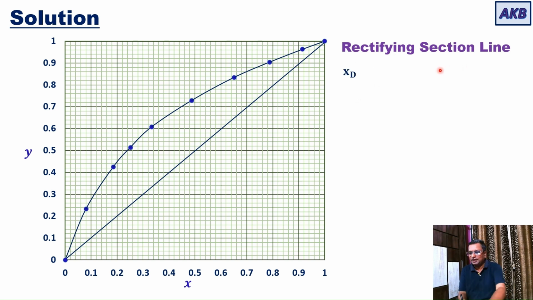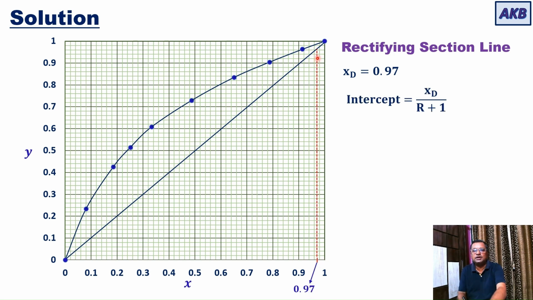For plotting the rectifying section line, we are going to use the value of XD. XD is 0.97. We are going to locate it over here. And then from this, we are going to go to the diagonal line. The rectifying section line is going to start at this point. Then the other information that is required is the intercept made by the rectifying section line on the y-axis.